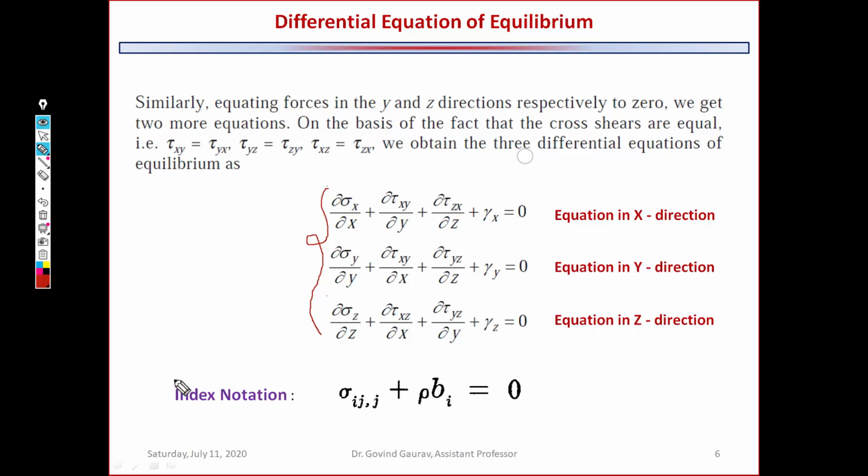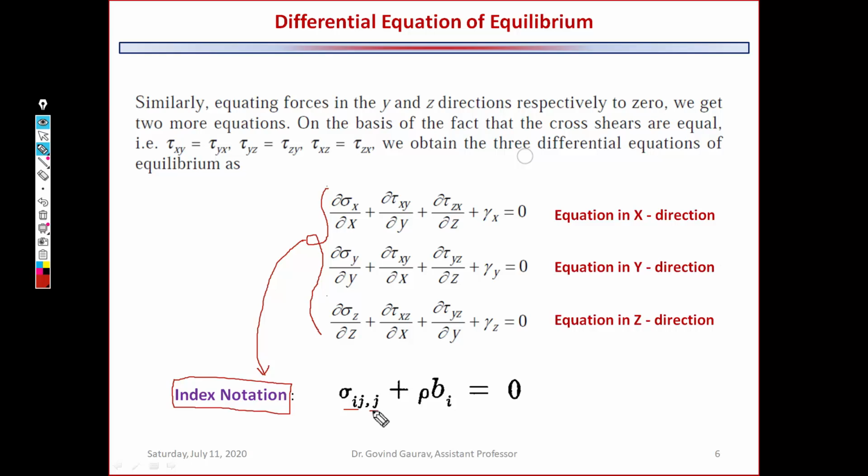The second type of notation is the index notation. Rather than writing all these three equations, if we are interested in representing the entire thing that we convey through three differential equations, we can simply write it in the form of sigma ij subscript j.